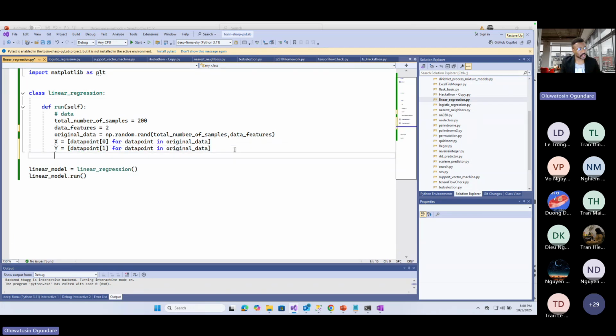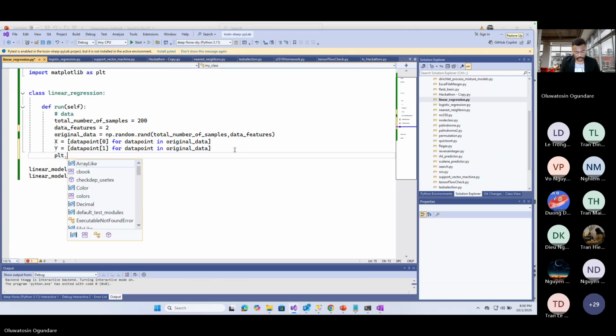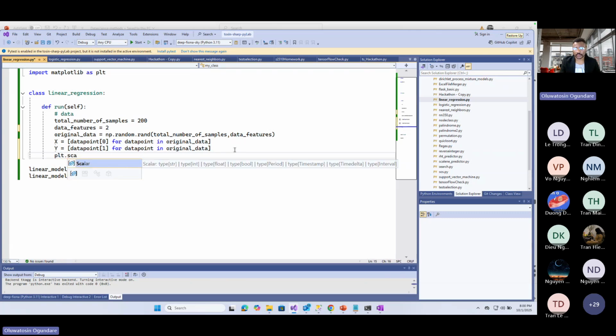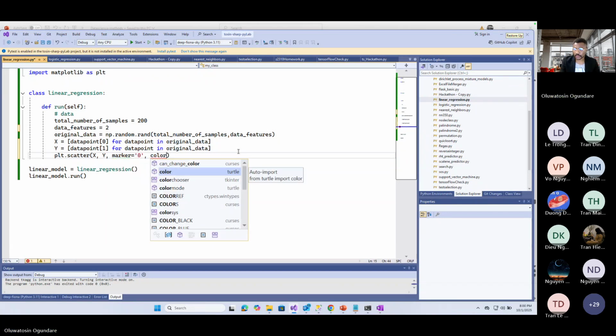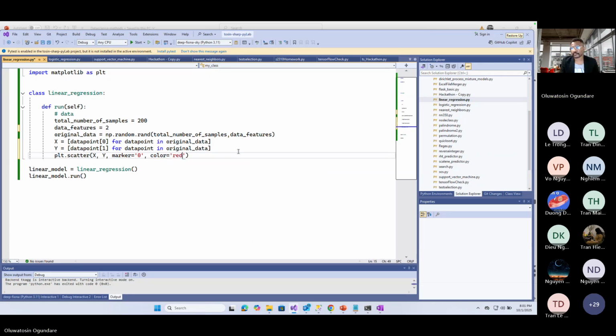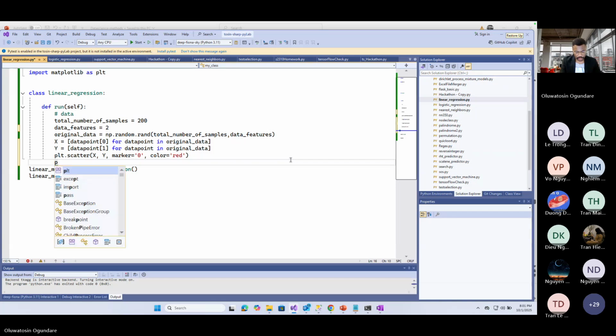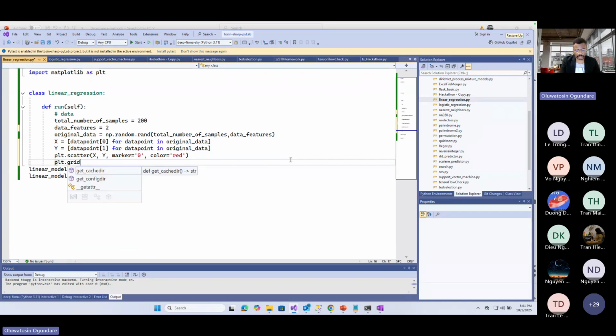And we can simply add marker, color, and the color, make it red. Right. We can set this to true, and then we can plot show.